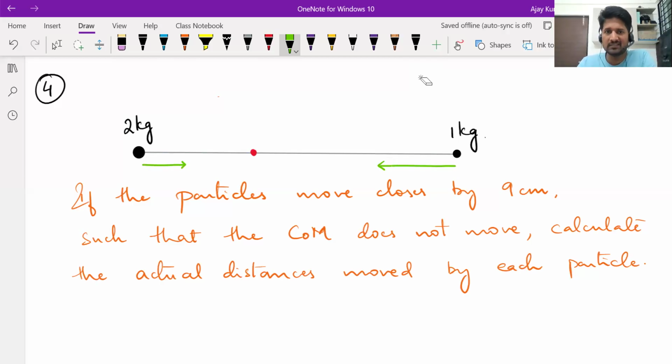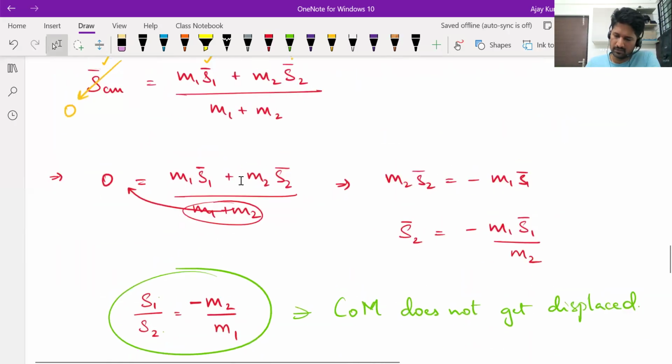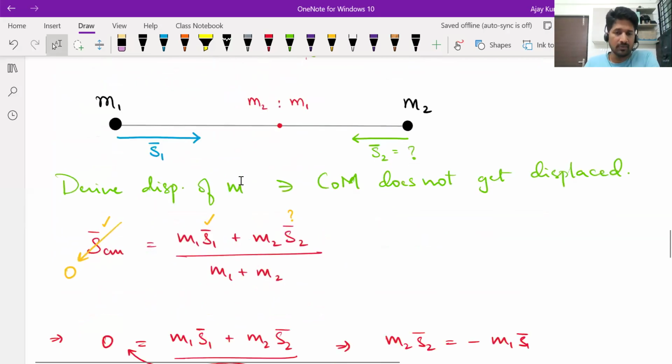We don't know by what distances they have moved. But totally they have come closer by 9 centimeters. Means if this is x, this will be 9 minus x in magnitude. Only then the total separation will decrease by 9, no? And from the second problem that we solved, for the center of mass to remain stationary, their displacements also should be in the ratio m2:m1.